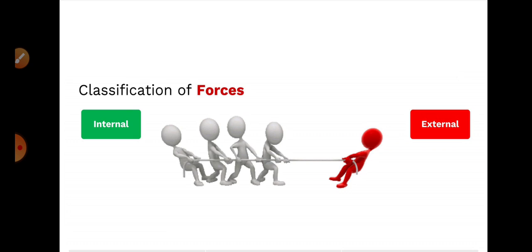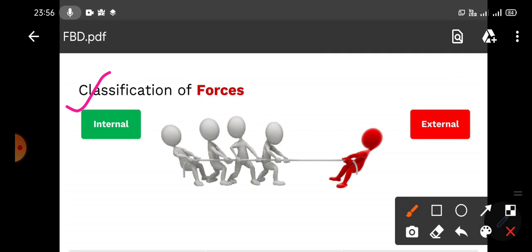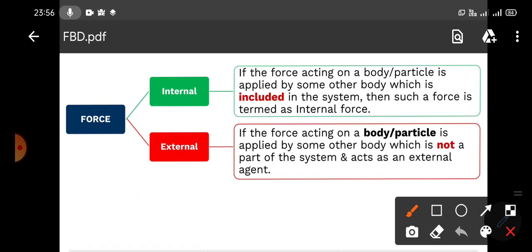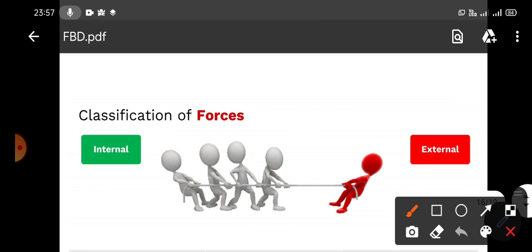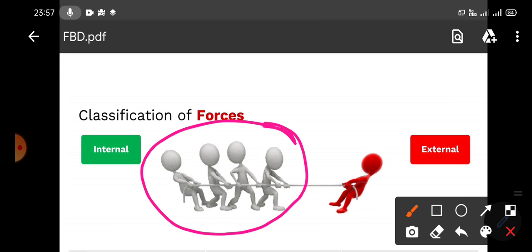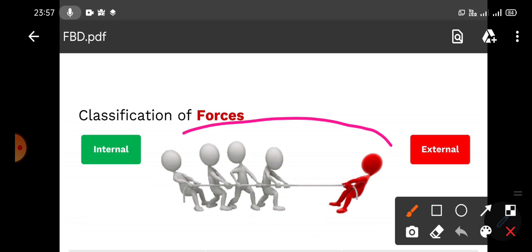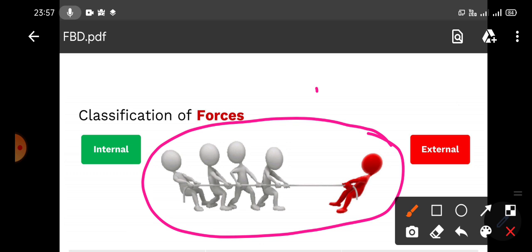The classification of force: there are two kinds of force, one is internal force, the other is external force. Internal force means the force acting on a body or particle is applied by some other body which is included in the system. So if we assume that these four boys are our system, then this other boy is an external force. But remember, if you take all five as our system, then there is no external force.